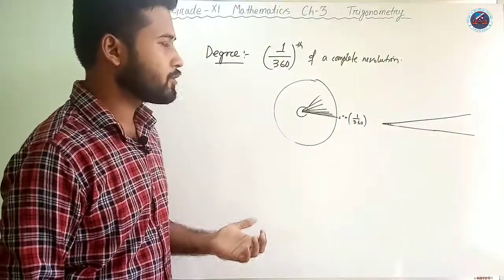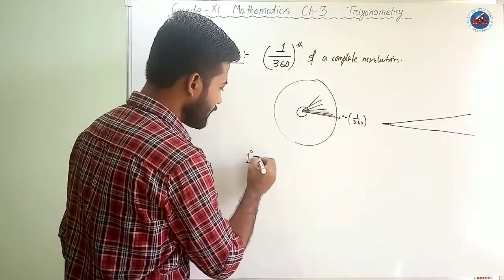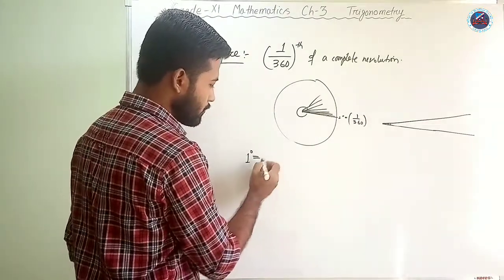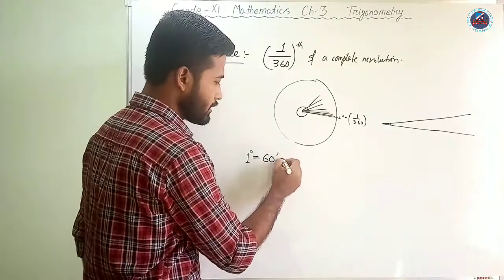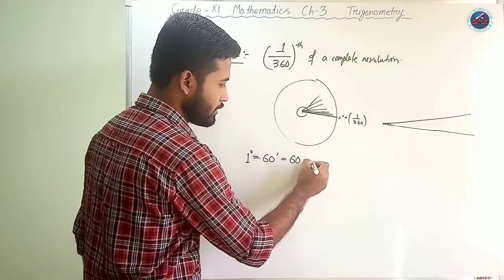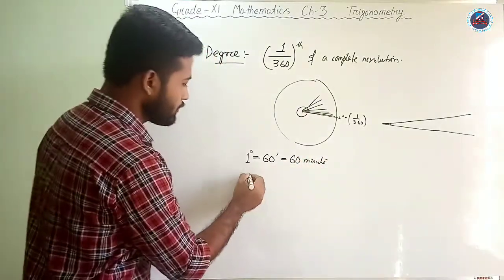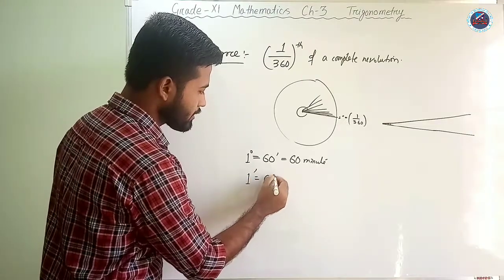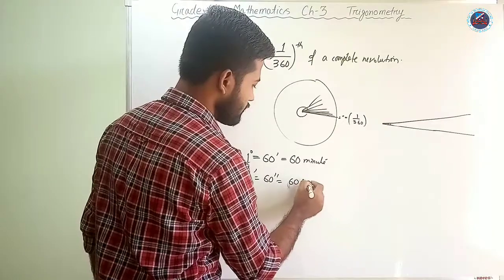So in such a case, how do we accurately measure it? We further subdivide the degree: 1 degree can be written as 60 minutes. Minute is represented by a dash, and 1 minute can be written as 60 seconds.